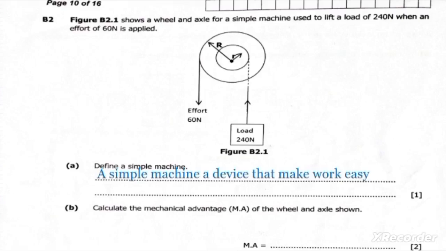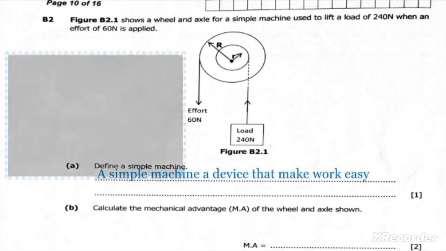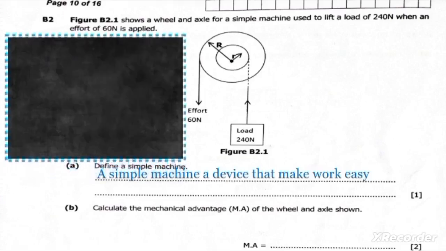Let us shift to the next question, which is question B. Calculate the mechanical advantage, MA, of the wheel and axle shown. We are going to come up with the data.